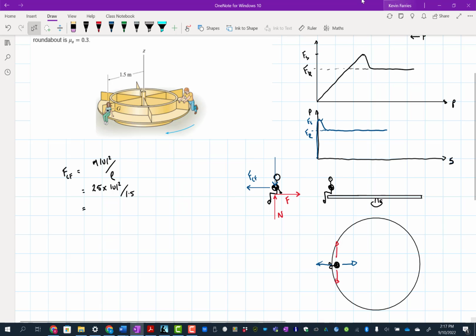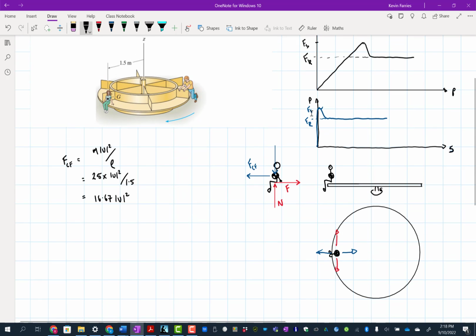Just a second, I'm just going to pause while I find my calculator. So that's going to work out as 16.67 v squared is what the centrifugal force is. That's balanced by the centripetal force, and the centripetal force is coming from friction.